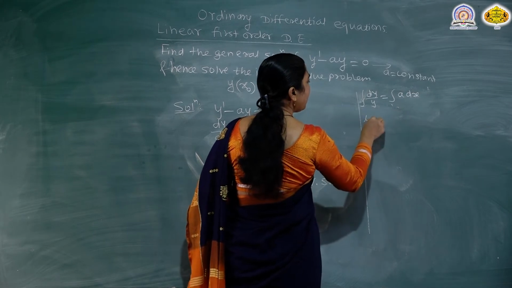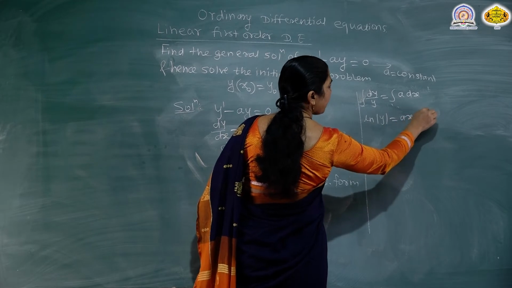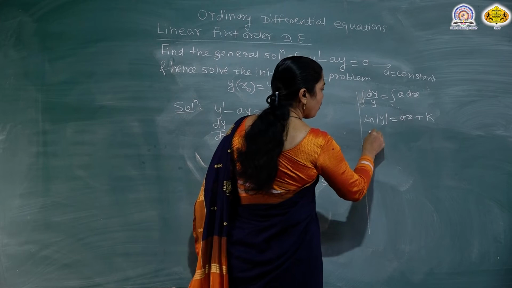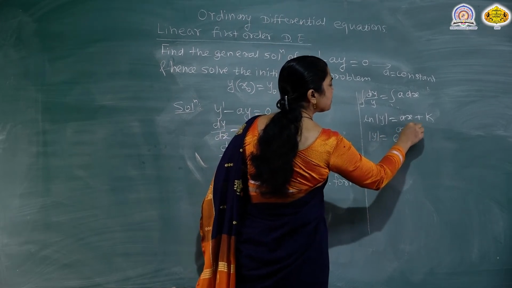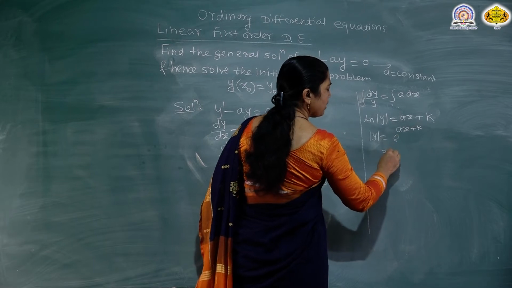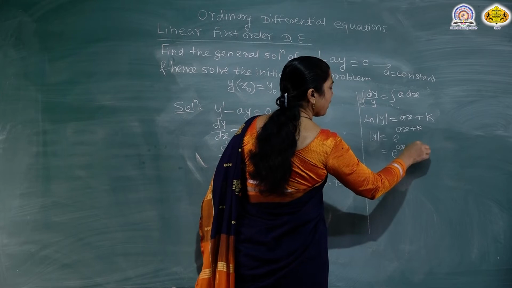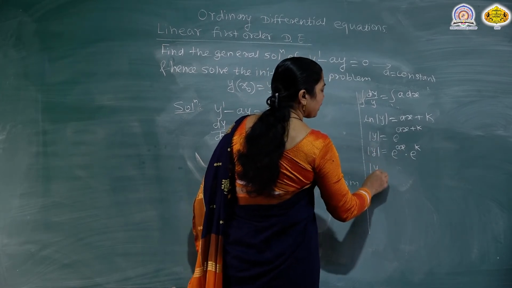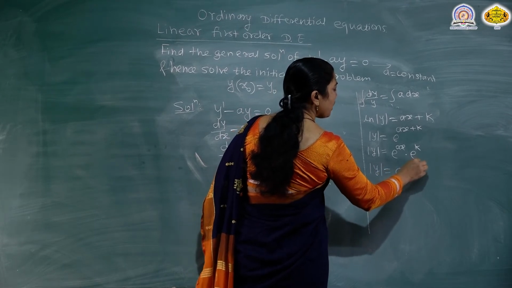That is, ln|y| = ax + k, where k is the constant of integration. Therefore, |y| = e^(ax+k), or |y| = e^(ax) times e^k.